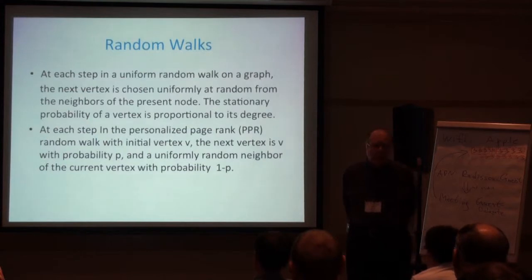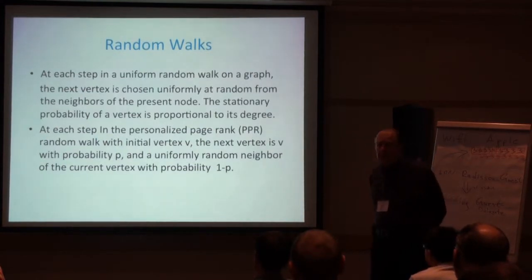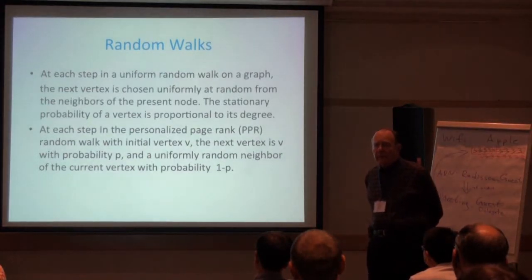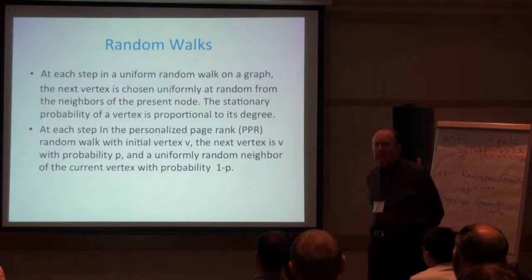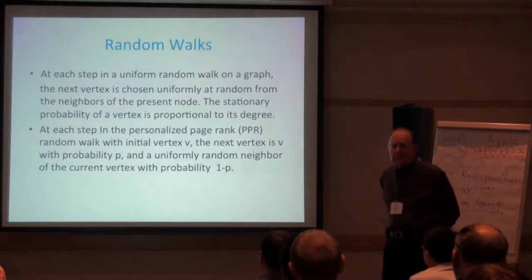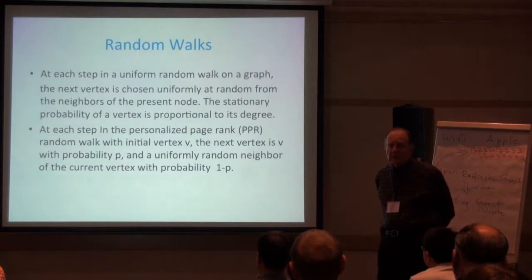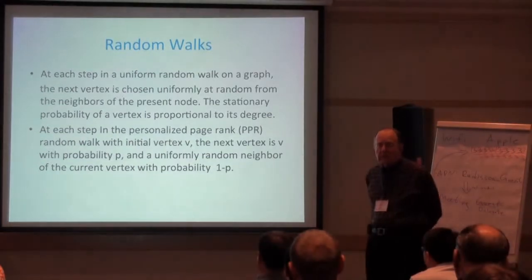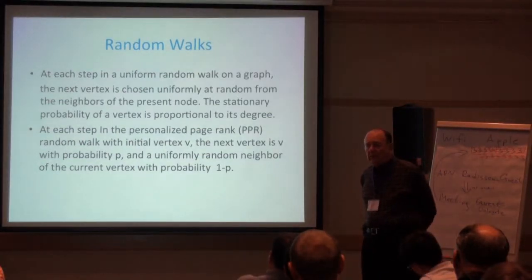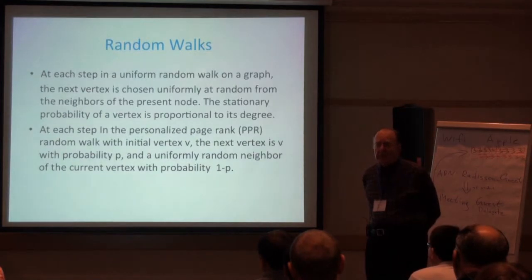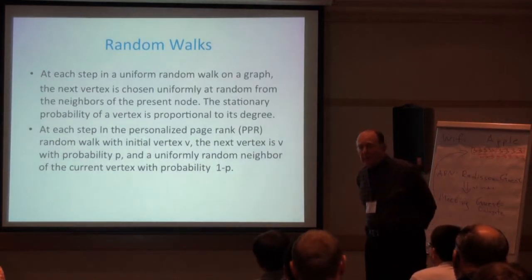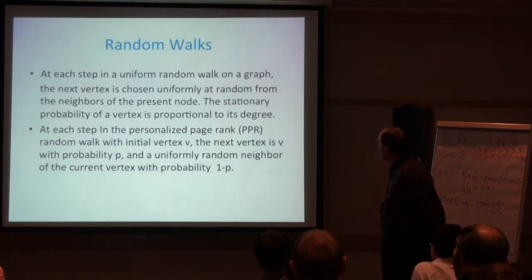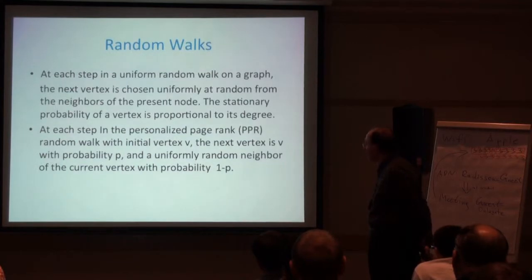So the problem that we consider is to locally, somewhere in the graph, starting from a given initial vertex, find a small connected set of proteins containing and fairly close to that seed vertex, which has low conductance. This problem has been studied by a number of mathematicians and graph theorists, and an approach has been developed that involves random walks in graphs.